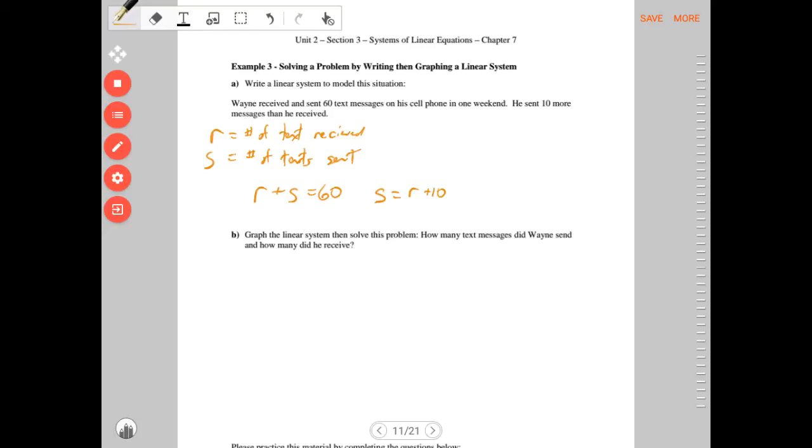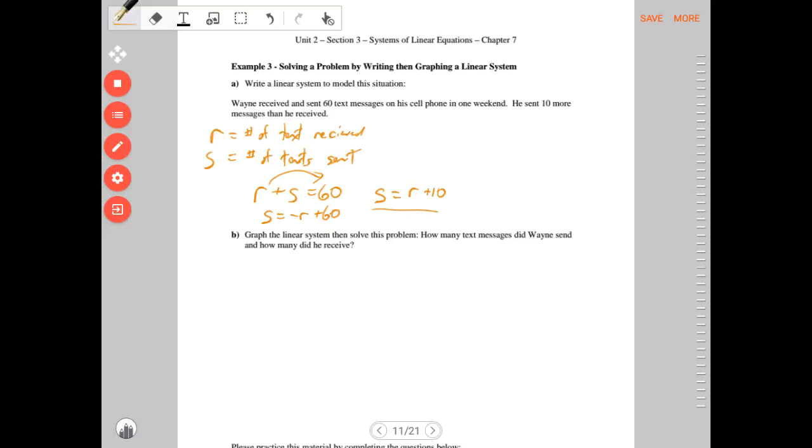So those are our two equations. Look, this one's already set up for graphing. The first one, we have to rearrange a little bit. Now, you can't just graph R equals because the other equation is in S equal form. So we have to move the R over and we get S equals negative R plus 60.